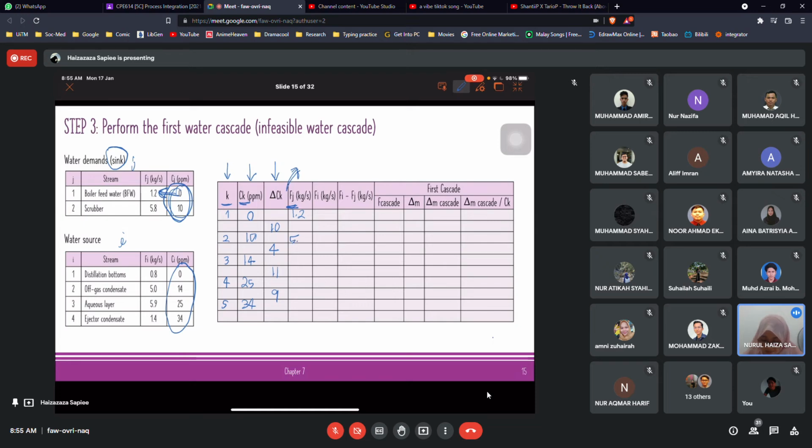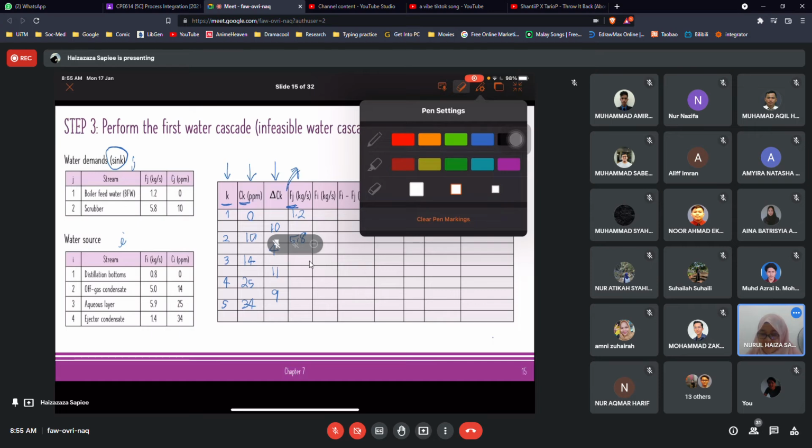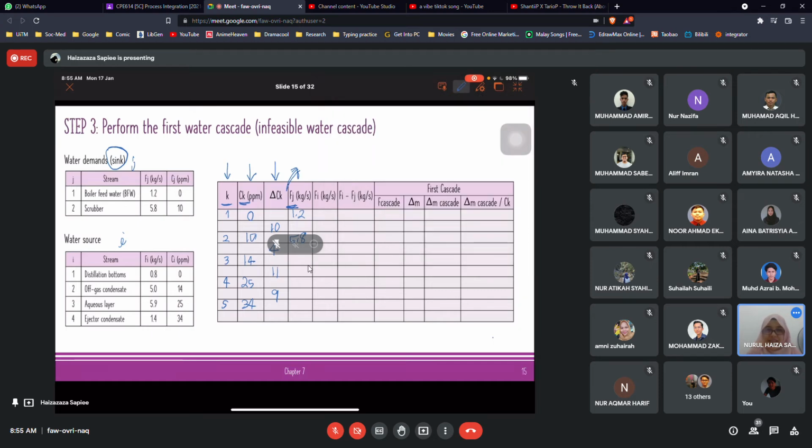Thank you. So 5.8. What about 14? So don't be fooled. Because it's your water demand, it's for J. So because it's for J, you basically know that there is no flow rate for 14. So these parts we leave blank.